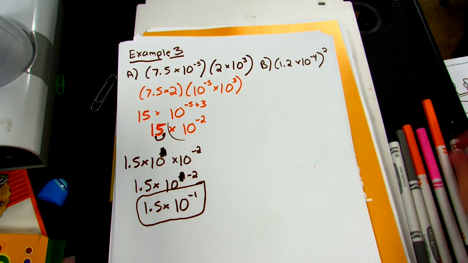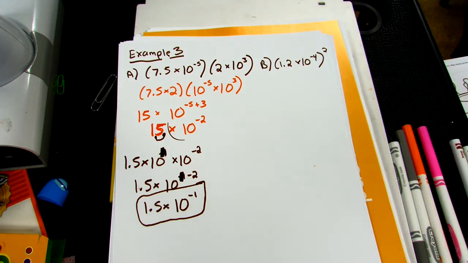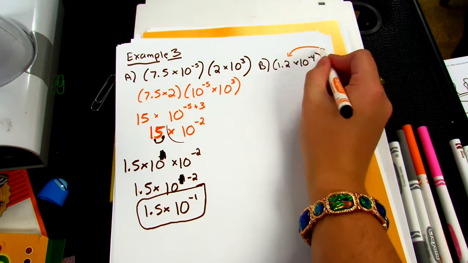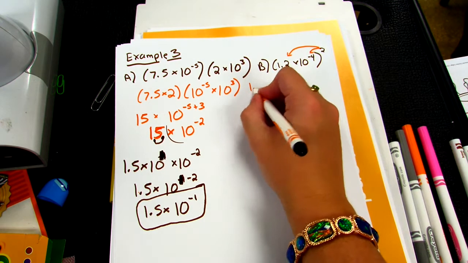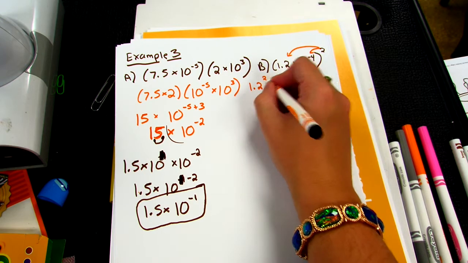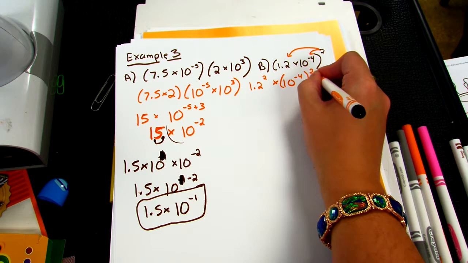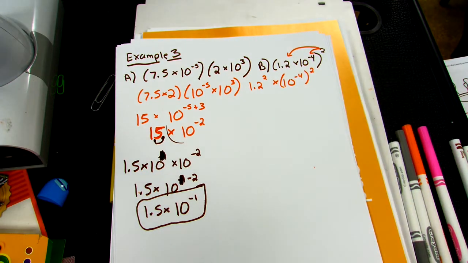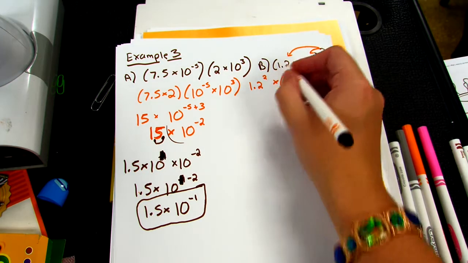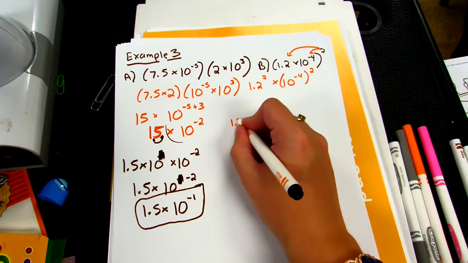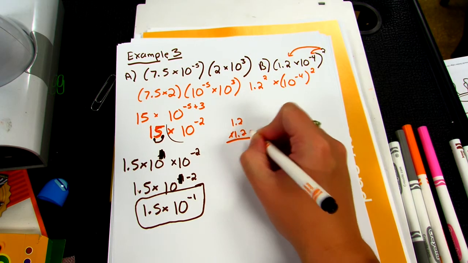That's a power of a power. So we're going to distribute that power, right? So we distribute the power of the 2. So we've got 1.2 to the power of the 2 times 10 to the negative 4 to the power of 2. Okay, well 1.2 squared, that's the same as saying 1.2 times 1.2. We can do the math on that.